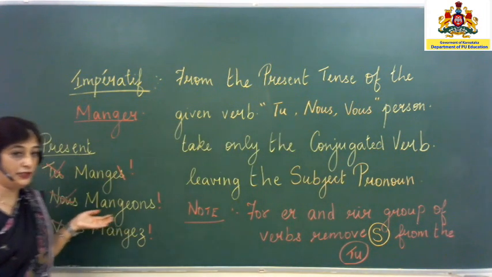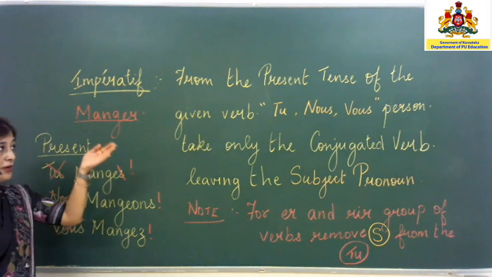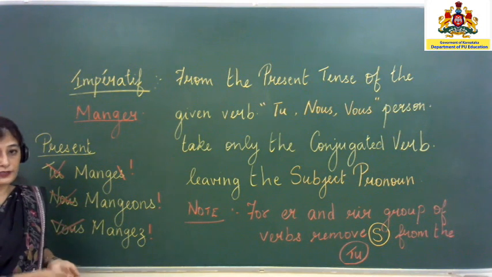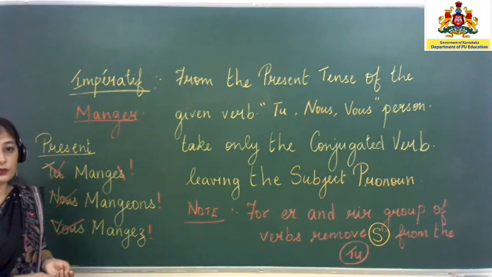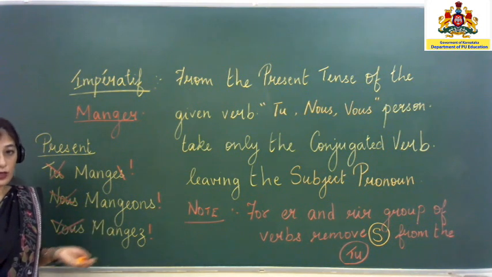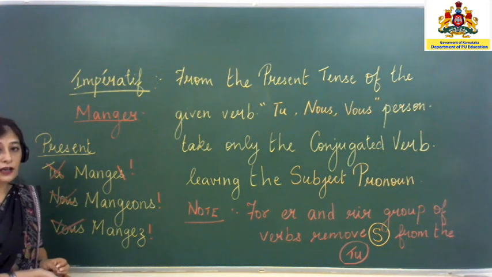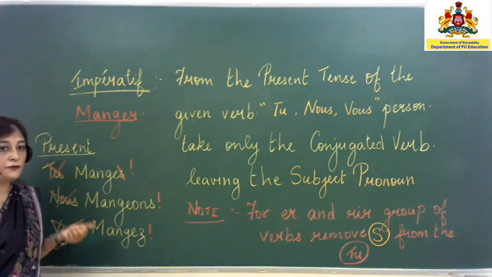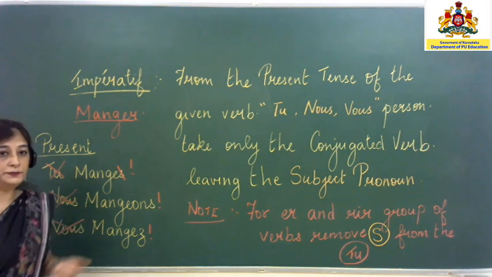So again, I repeat, imperative: from the present tense of the given verb tu, nous and vous person, take only the conjugated verb leaving the subject pronoun. For ER and RIR group of verbs, remove the S from the tu form. This is the present tense for regular verbs.